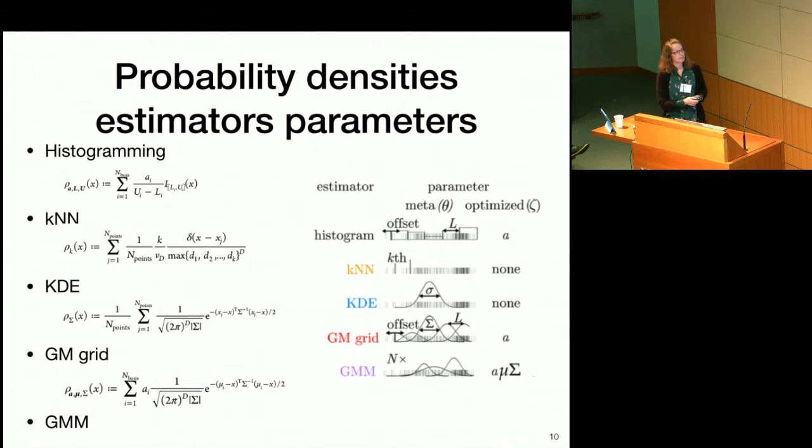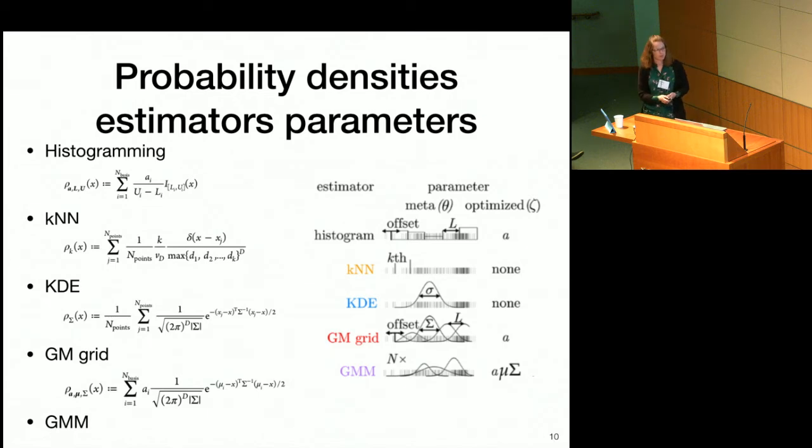And then in the case of these Gaussian-based estimators, basically the density is a sum of Gaussian functions with variance sigma and amplitude a here.